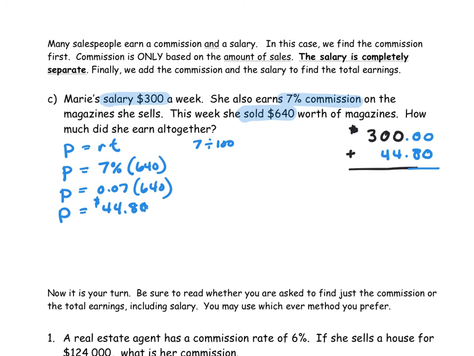Otherwise, you're going to take your answer that's left in the calculator. You will get this if you just use what's already there, and again, you're going to have to attach the 0. So when they ask us how much did she earn altogether, the final answer is she earned $44.80 altogether.